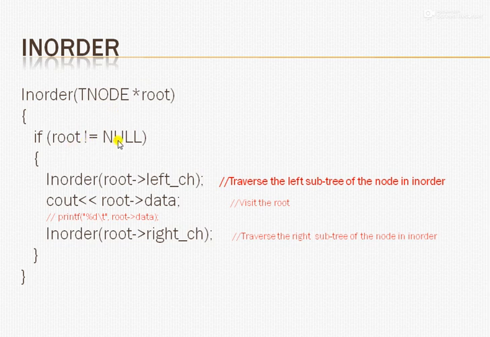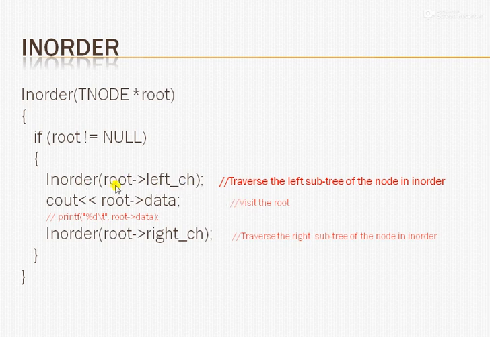If root is not null, then we call the function in order again, because the sequence for in-order was left, root, then right. So we pass the root's left child, then we print the root data, then the root's right child. That means left, root, right. That is the sequence we are following here, and recursively we are calling the functions.